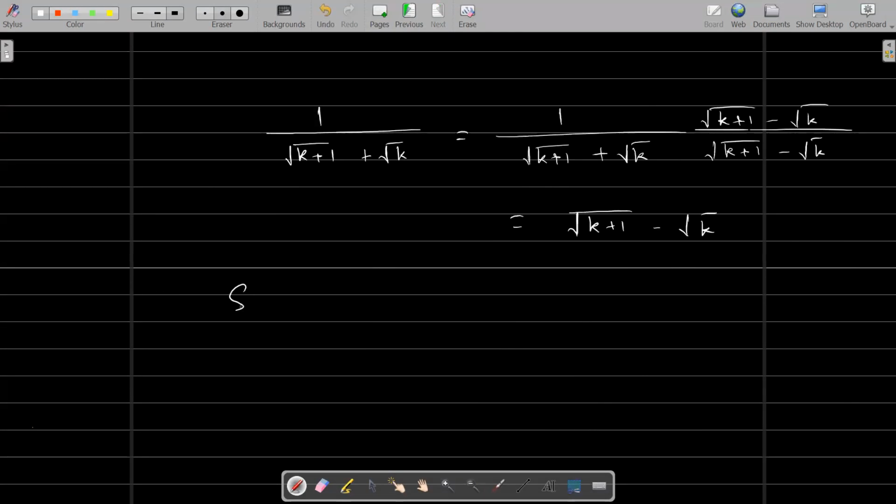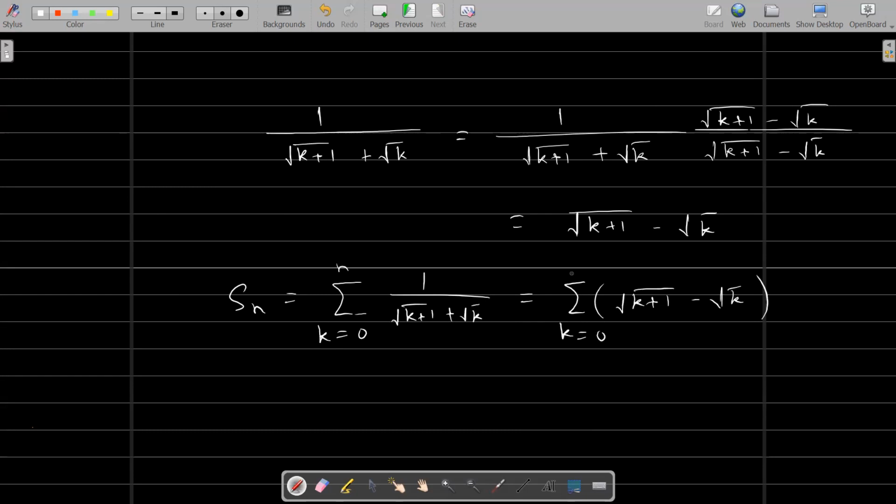Sn is sigma k goes from 0 to n, 1 by root k plus 1 plus root k. That is the same as sigma root k plus 1 minus root k, and k goes from 0 to n. So I put first k equal to 0, I get root 1 minus root 0. Next I put k equal to 1, I get root 2 minus root 1.